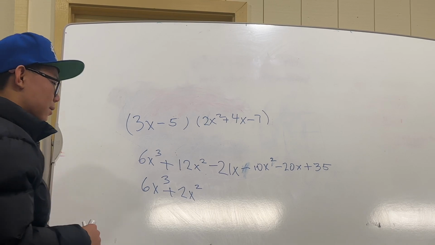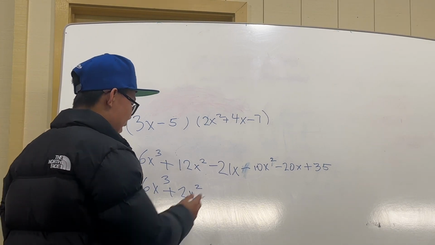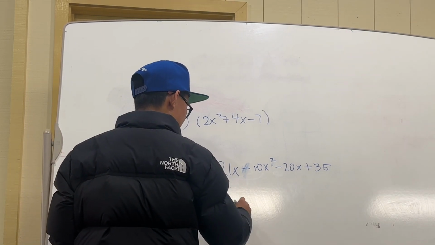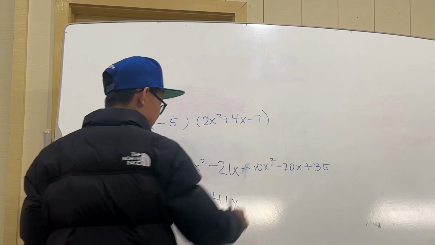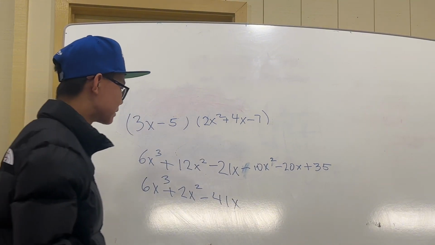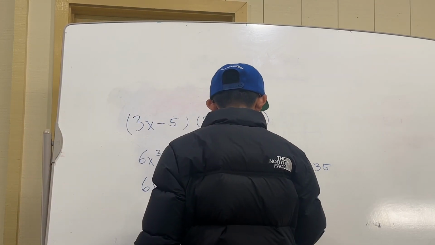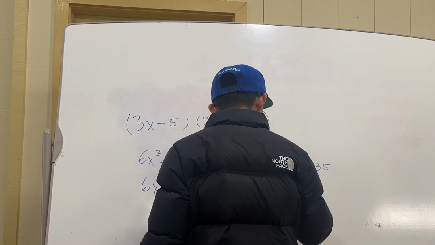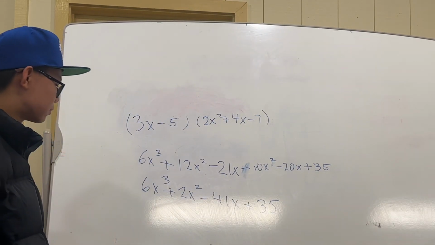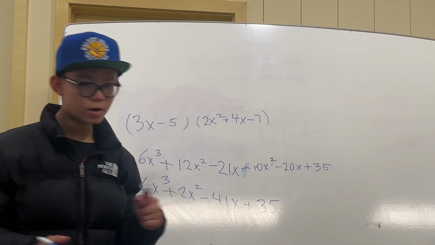Since they are both negative, that becomes negative 41x. And then we still have that plus 35. And that is called a quadrinomial, because we have 4 terms, quad means 4.